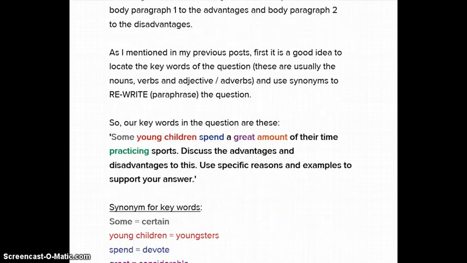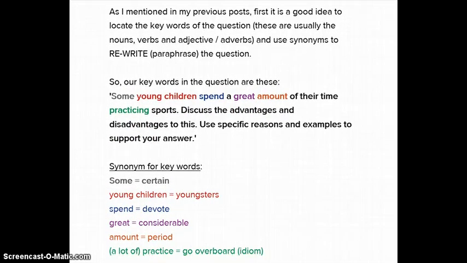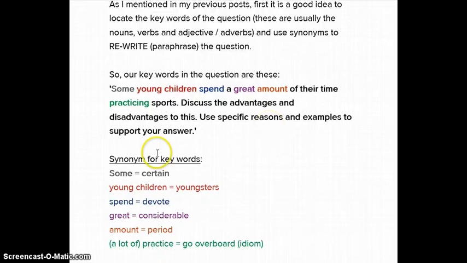Okay. When we look at the words and we want to look at how I have chosen synonyms for each of these words, for example, the word some, I have put down the synonym certain. Young children, which is the adjective and noun, I've put youngsters, just one word.